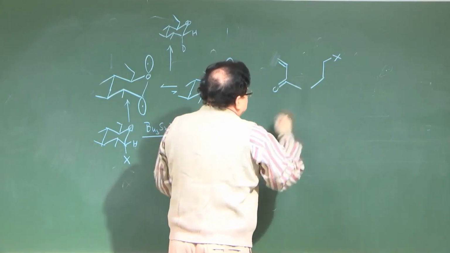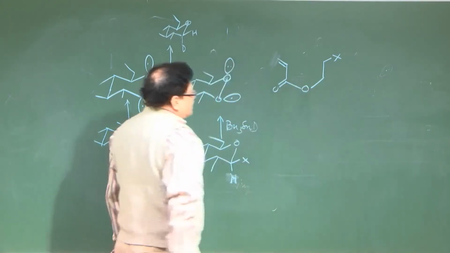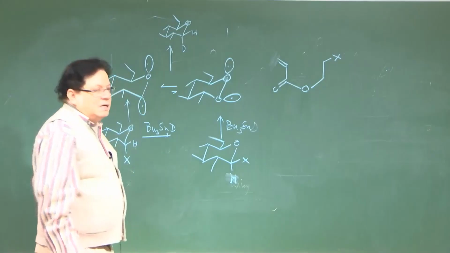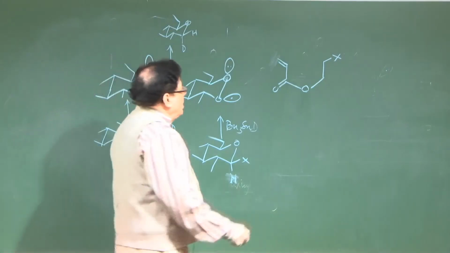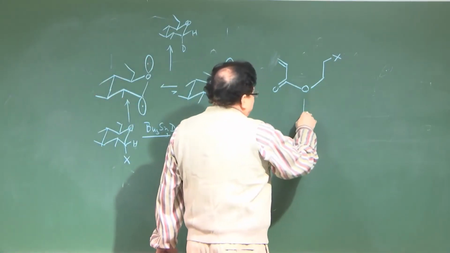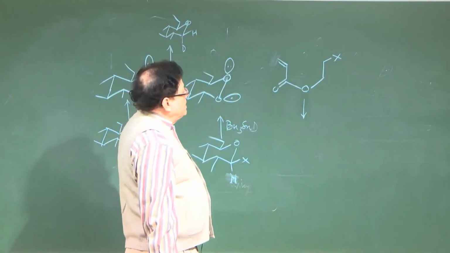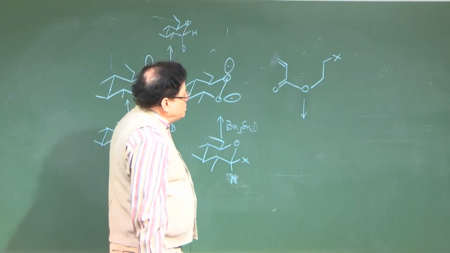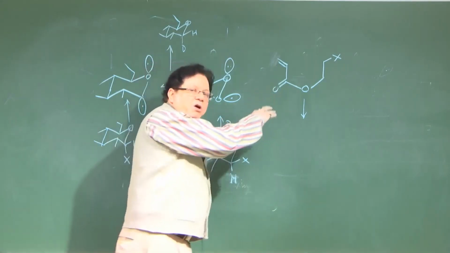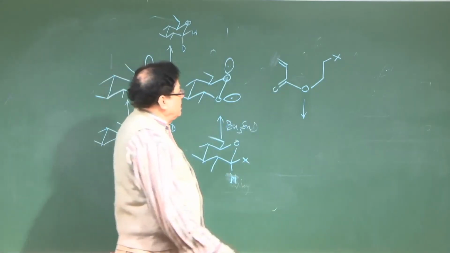Let us put an oxygen first. Here someone wants to do a cyclization reaction. The problem is like this: if one wants to do a cyclization chemistry involving this, what is the cyclization chemistry?